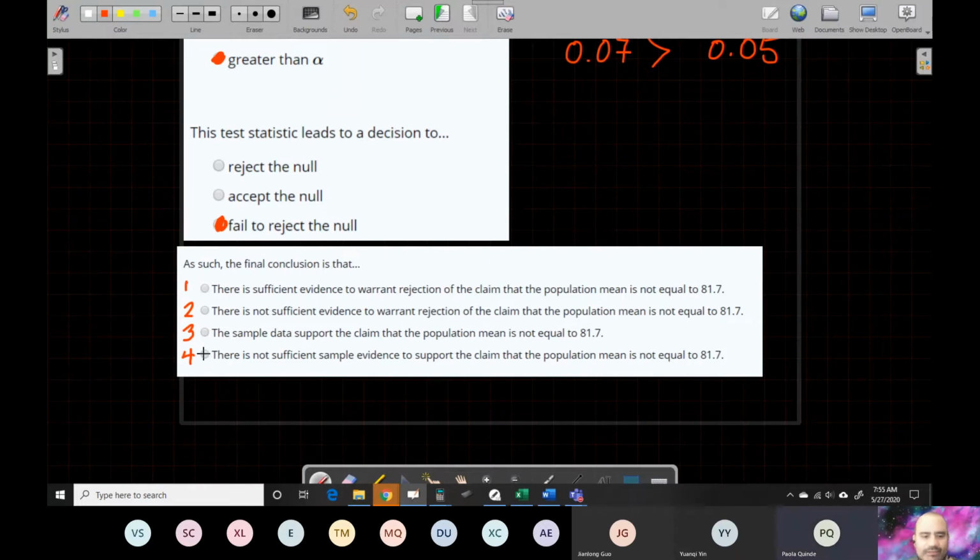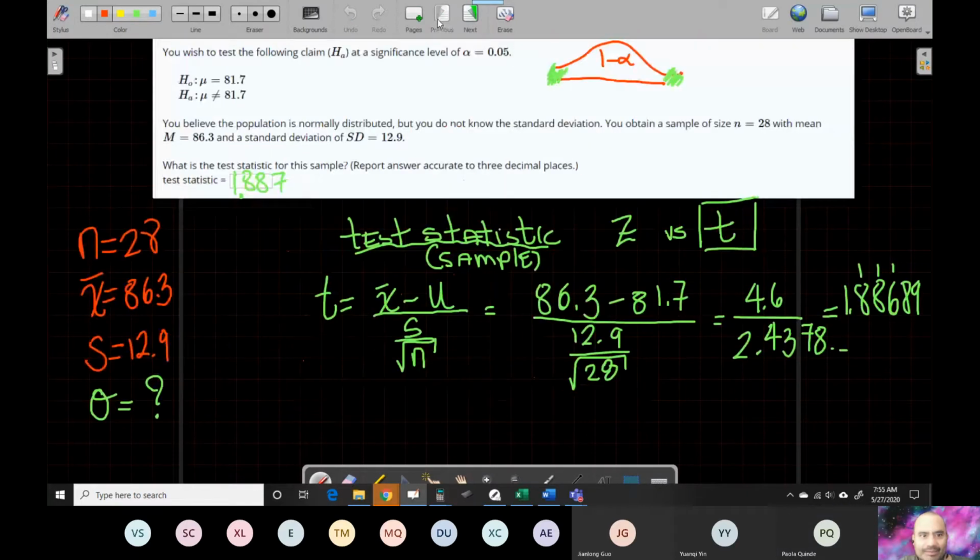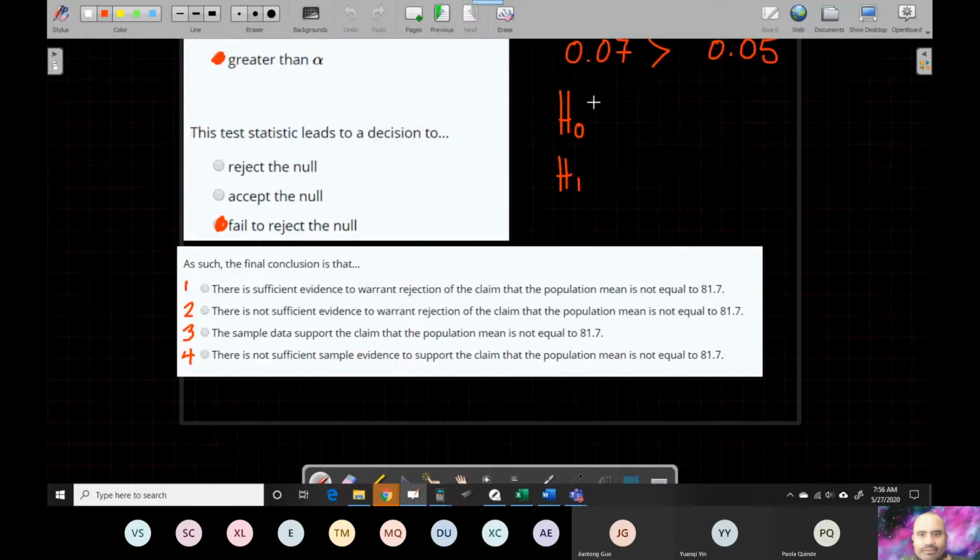Which one do you think is the right one? The second one. Okay, let's talk about it. We have H0 from the very beginning, remember, and H1. H0, I forgot what was H0. Let's go back a little bit. 81.7 is the number. Mu is equal to 81.7, right?